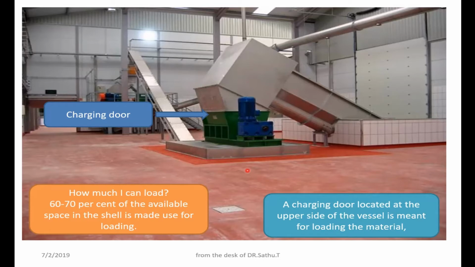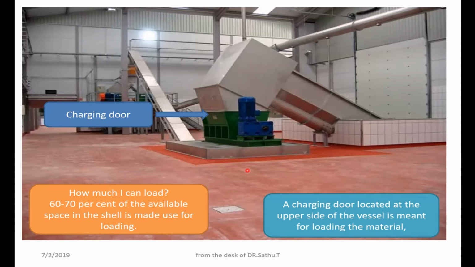And see the turning of the agitator. I told you that the agitator can rotate in both clockwise and anti-clockwise directions. When you are charging, the agitator should be rotating in the clockwise direction, that is, when you face the charge door. So these are the precautions that we have to take when doing the charging.